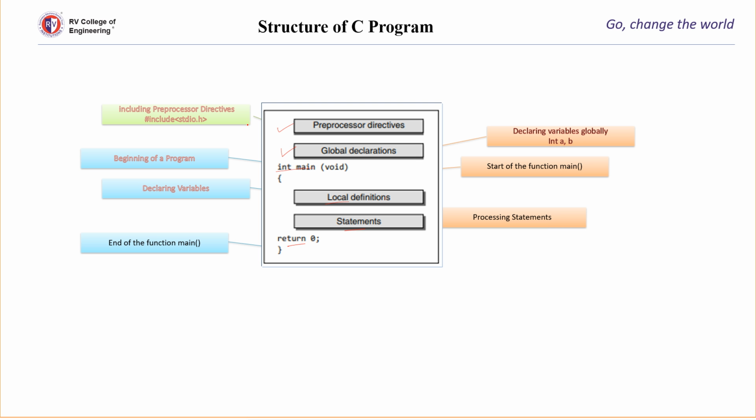The preprocessor directives, as the name itself tells, these statements direct the compiler, which is also called the preprocessor. A component of a compiler is a preprocessor. Now how are we going to write such a statement? We write it as hash include followed by angle bracket stdio.h closing angle bracket.